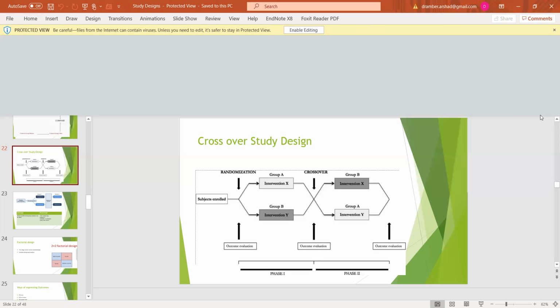This is important because of the residual influence of the intervention on outcome.